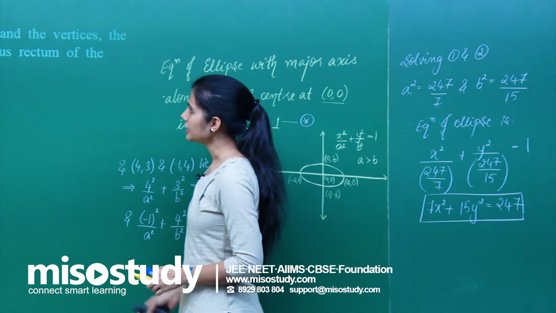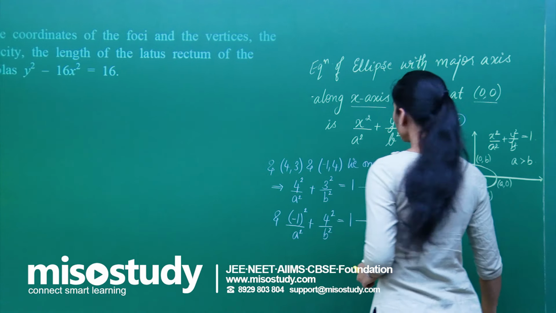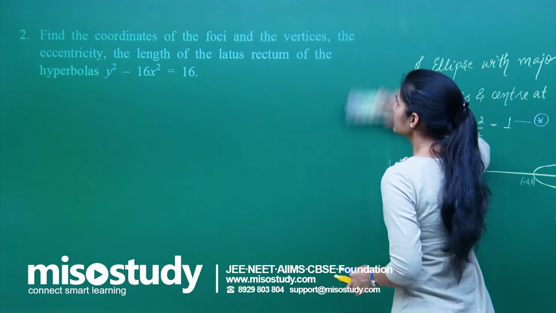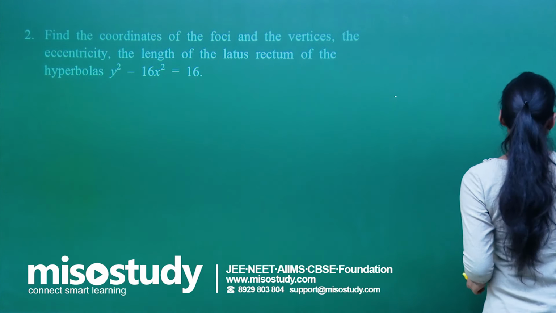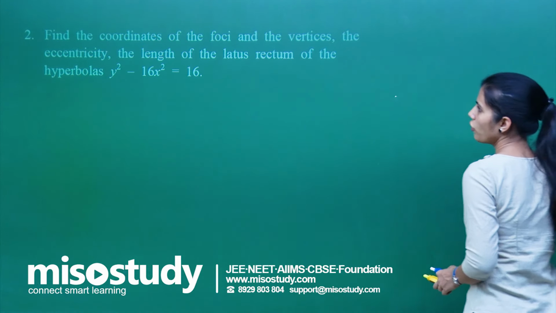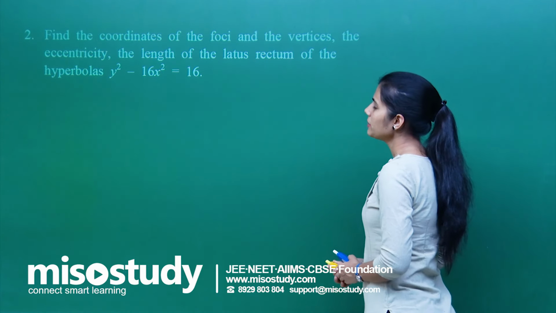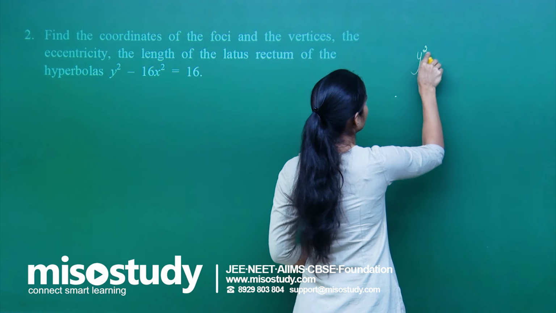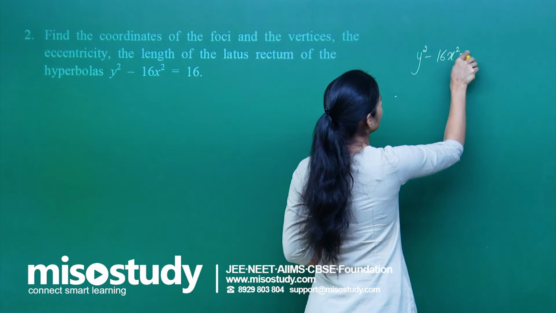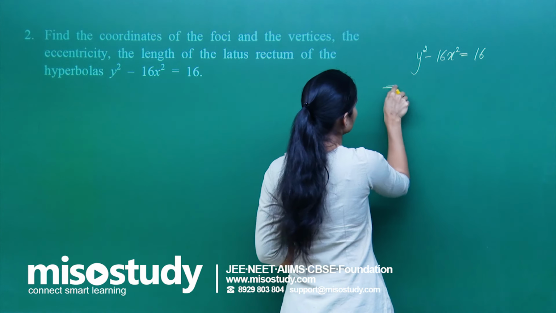Next question says: find the coordinates of the foci, vertices, eccentricity, and also find the length of the latus rectum of the hyperbola y² - 16x² = 16. If you have y² - 16x² = 16, I can divide throughout by 16.